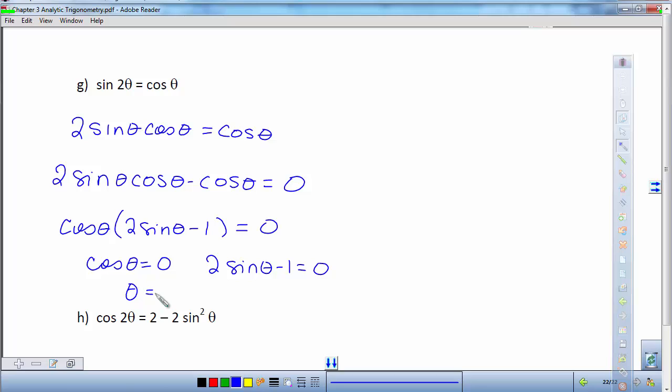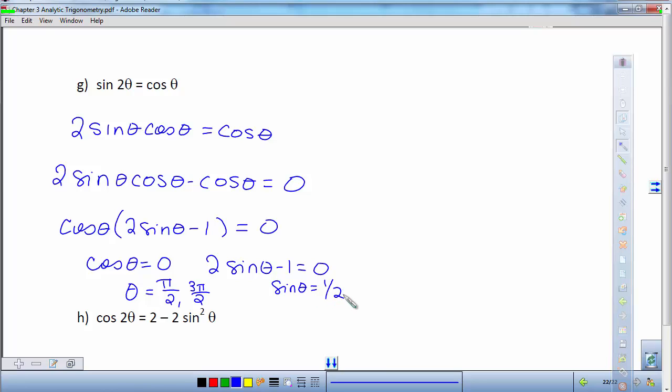Where's cosine theta equal to 0? Pi over 2 and 3 pi over 2. Okay, and then we need to know where sine theta is equal to 1/2.